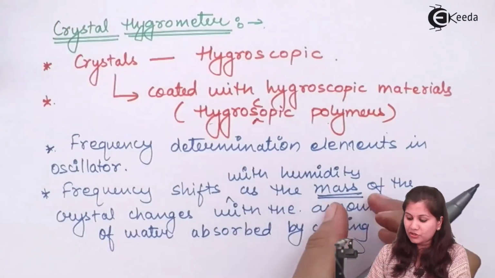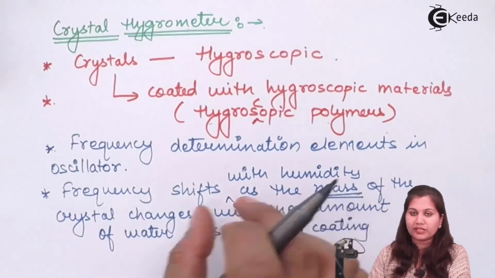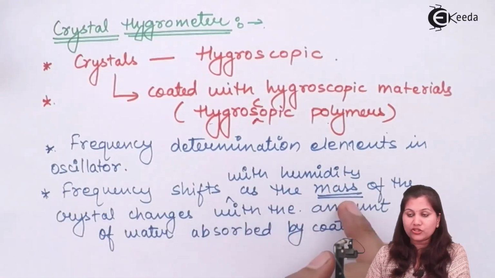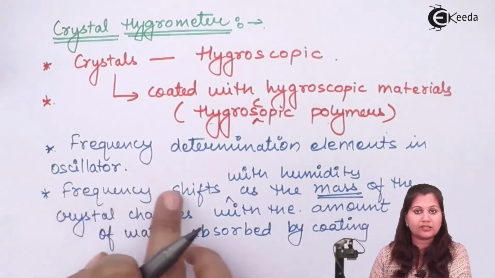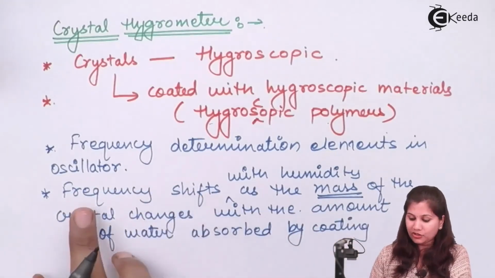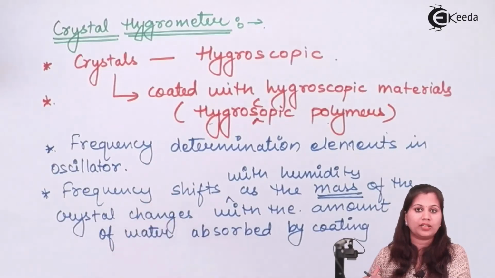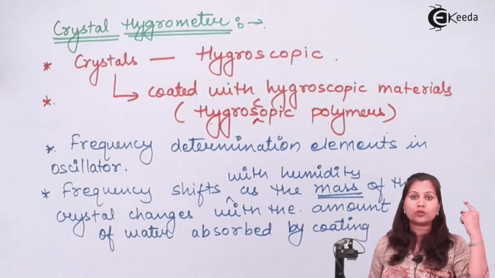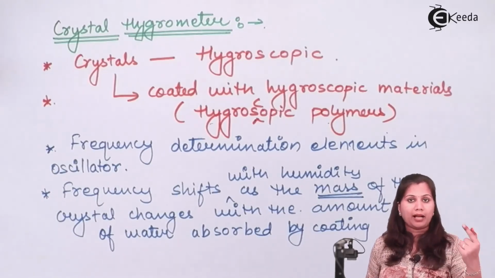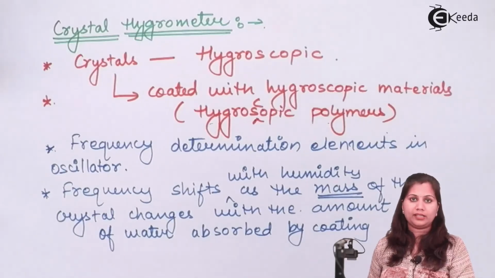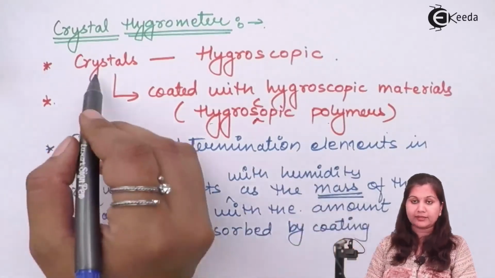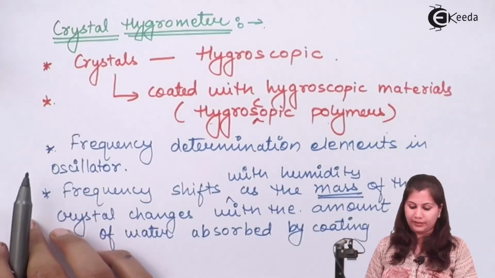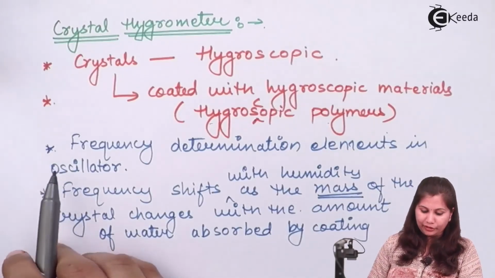This change in mass changes the frequency, and this change in frequency gives us an indication of the change in the humidity. Humidity changing, so mass is changing, and so the frequency given by these crystals is also changing. Let's see the diagram for it.